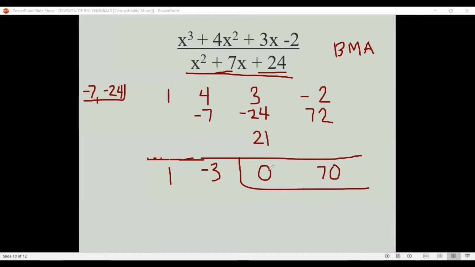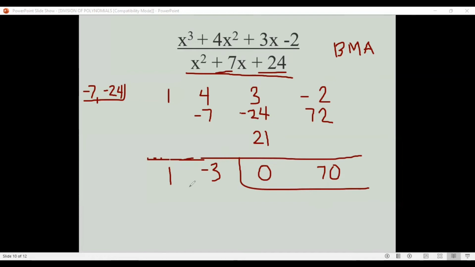But if in case there is an x here, or for example this happens to be 2, this will become 2x plus 70. If this happens to be negative 1, then you have negative x plus 70. But since we simply have 0, then it will be just 70 all over this. So again, the last 2 pertain to the remainder.